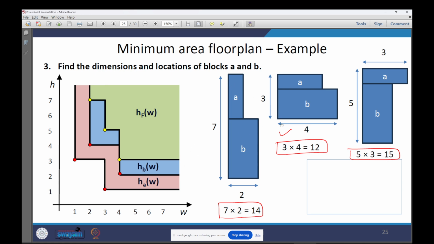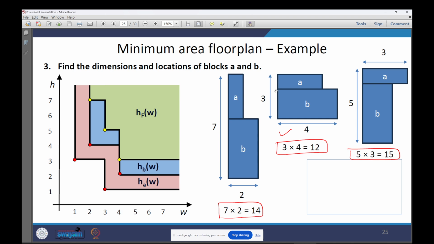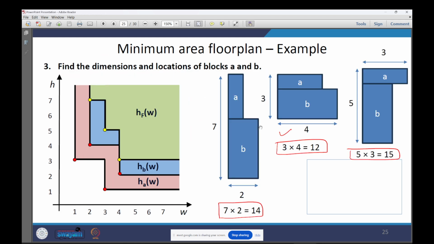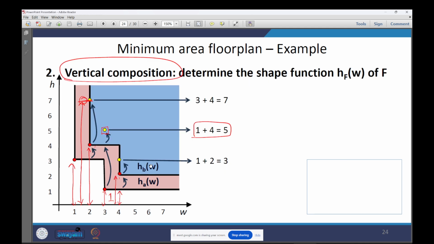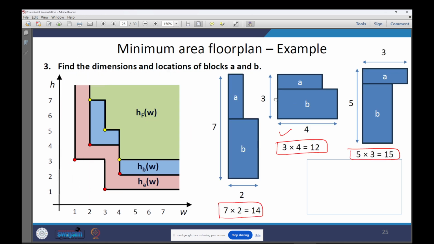Then the second composition is 1 plus 4. 1 plus 4 is 5. Height is 5. Then you have one more composition, 3. So this is the 3 compositions that are there.